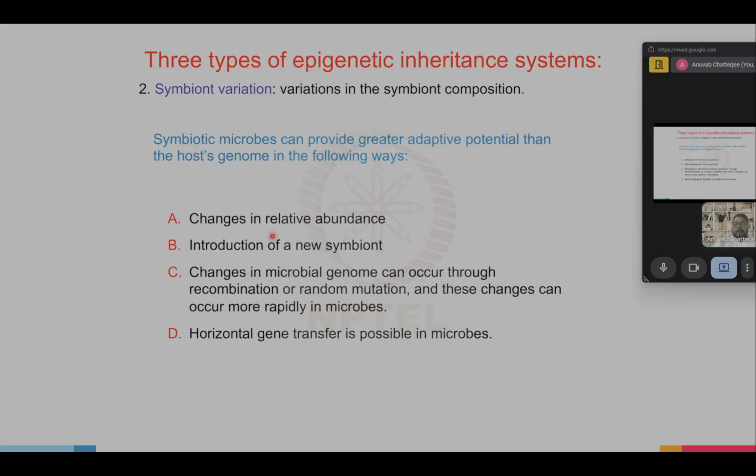These changes occur by changes in relative abundance of a particular symbiotic organism, introduction of a new symbiote, or changes in the microbial genome, and changes in the microbial genome can occur really fast because microbes have a shorter DNA and much fewer genes, and chances of random mutation and crossovers are much higher.